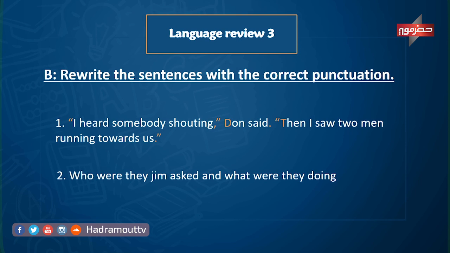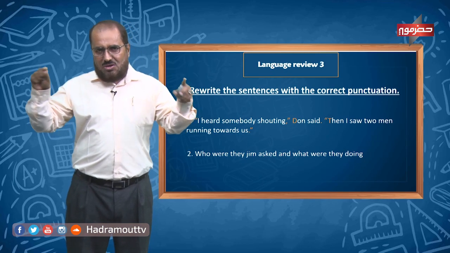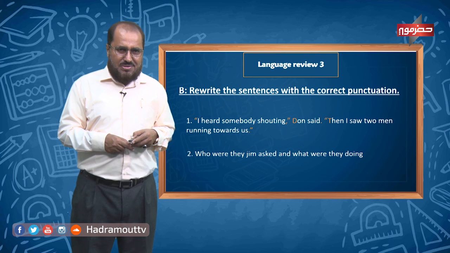Said, full stop, because we complete now the first sentence. Then I saw two men running towards us. Who said this? The writer? No. This is a continuation of the story said by Dan himself, so we put it in speech marks or quotation marks.